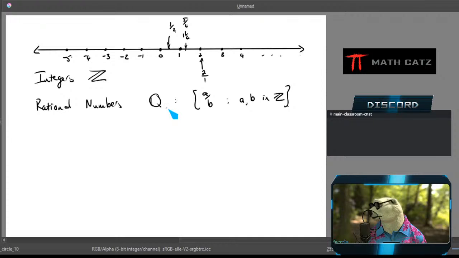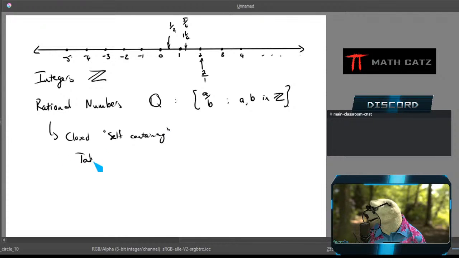Okay, so we've extended this to what we call the rational numbers. Now, this collection is what we call closed. It's sort of self-containing, in that if we take any, I'll call them A and B again, A and B in this set of rational numbers.